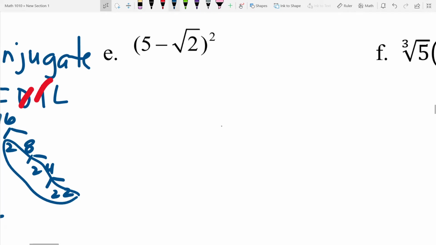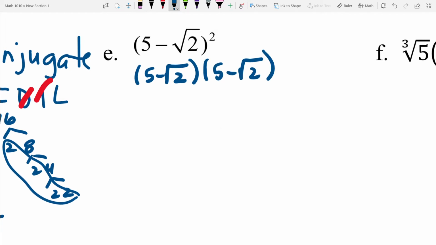Okay? Okay, question E. Everybody look at it. If you take the first step wrong, you're going to miss it. What's the first step? Write it twice. Yes. So it's 5 minus the square root of 2 times 5 minus the square root of 2. Are these conjugates? Tell me that. No. So we have to FOIL.